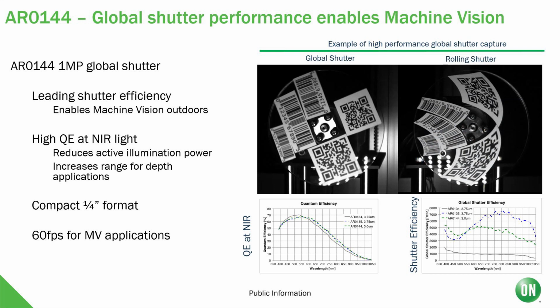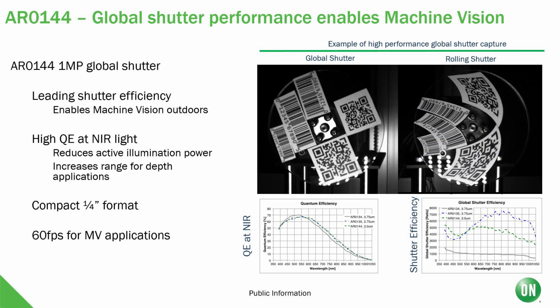And I'm showing two images on the right here. This is a spinning disc with some barcodes placed on it and moving around at quite a high angular velocity. On the left, we have the capture from a global shutter device, and on the right, we have the capture from a traditional rolling shutter image sensor, the type of image sensor that you would find in your mobile phone.